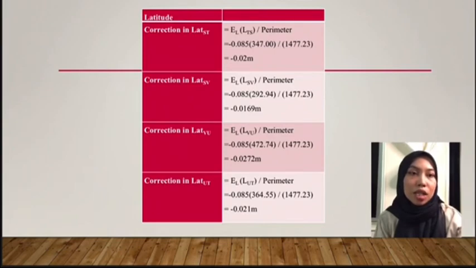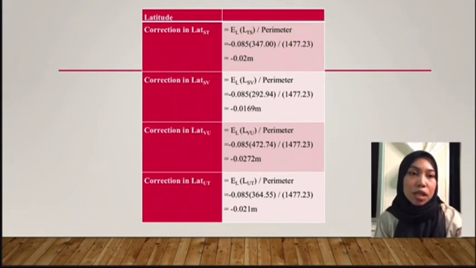Correction in latitude VU, EL times LVU in bracket per perimeter. The value of EL is 0.085. The value for LVU in bracket is 472.74 per perimeter, 1477.23, and the answer is negative 0.0272 meter.